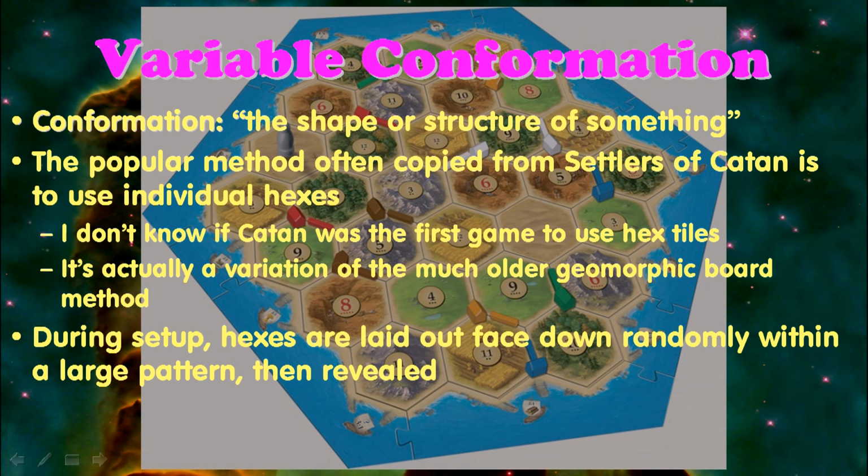It is in fact a variation of the much older geomorphic board method. A simpler variation because you don't have to connect each individual tile together the way in geomorphic boards you have to connect the various pieces together. So during setup, hexes are laid out face down randomly within a large pattern, and then they're revealed. That gives you a different conformation every time.